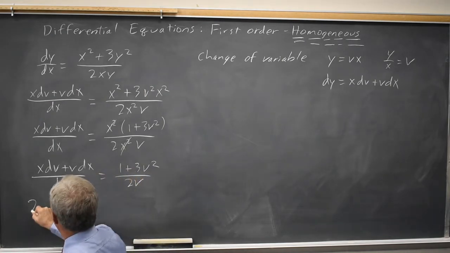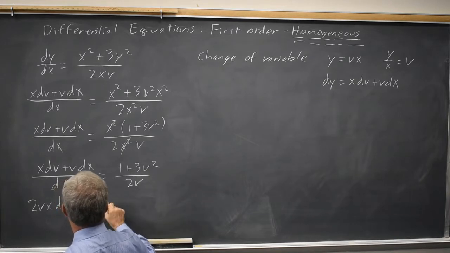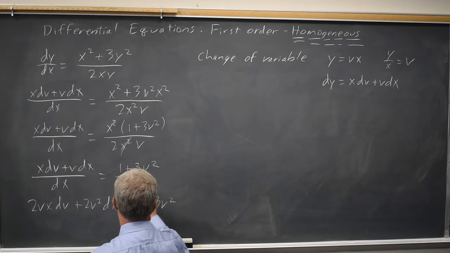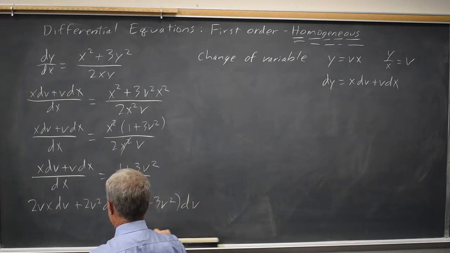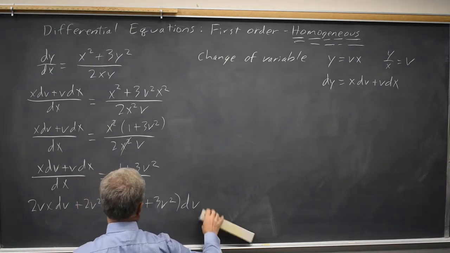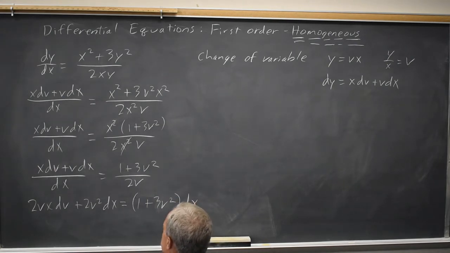So I have 2vx dv plus 2v squared dx equals 1 plus 3v squared dx.